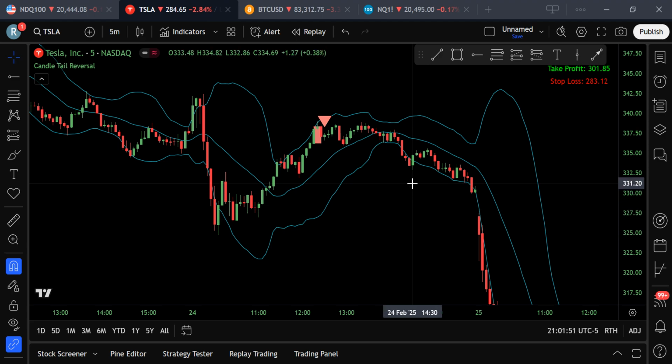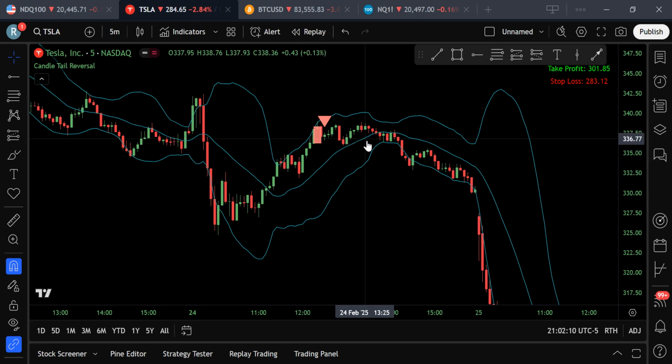In today's video, we're going to be going over the candle tail reversal indicator. We're going to start here on the Tesla 5-minute chart, and just a brief overview of what this is. You can see these blue lines here are the Bollinger Bands, a common indicator, and we're using those.